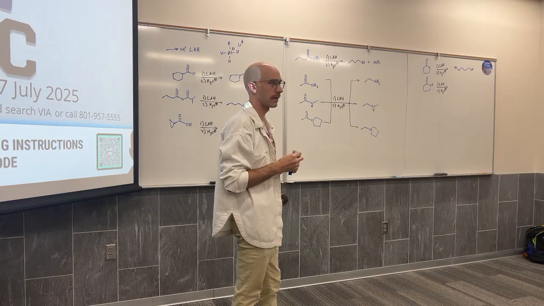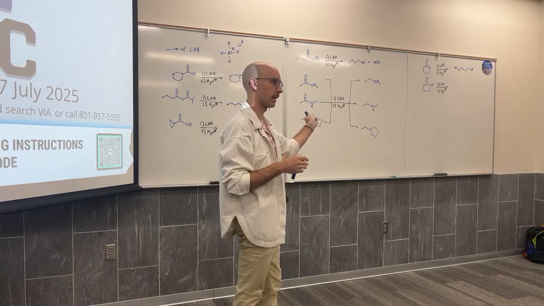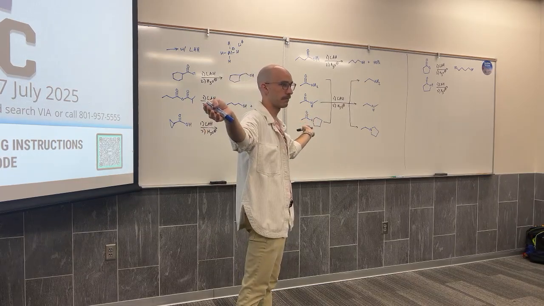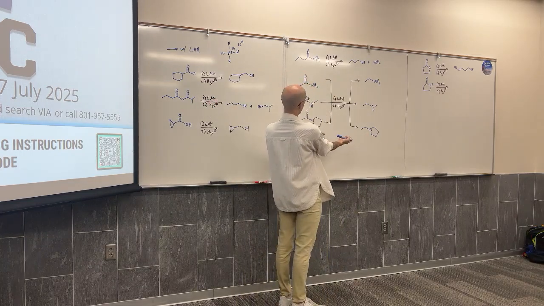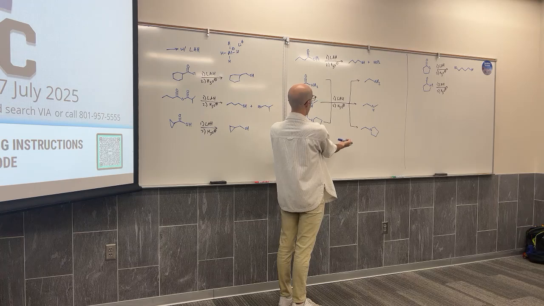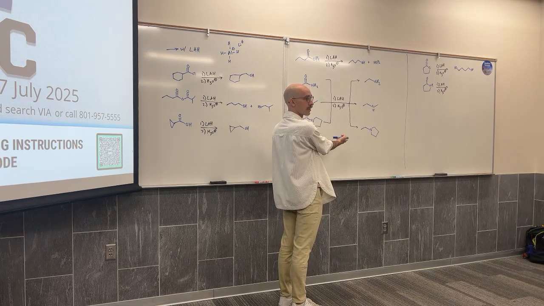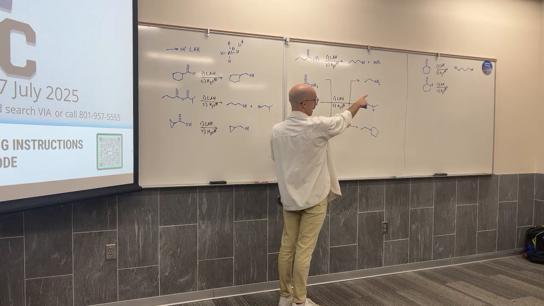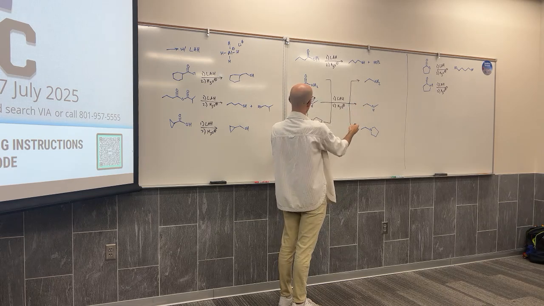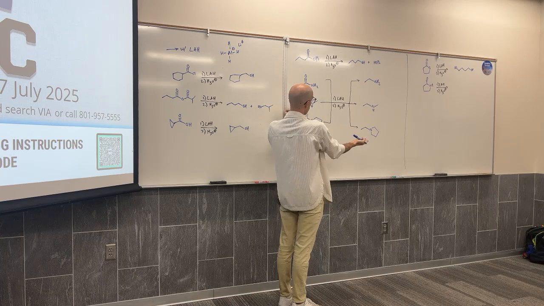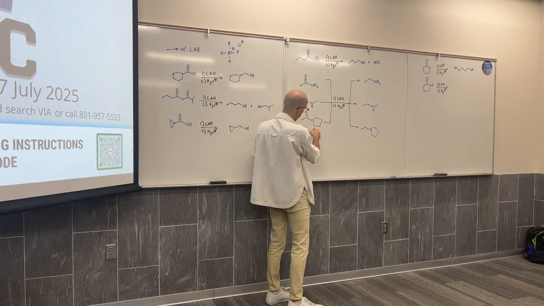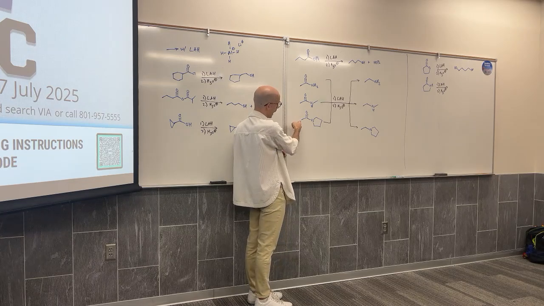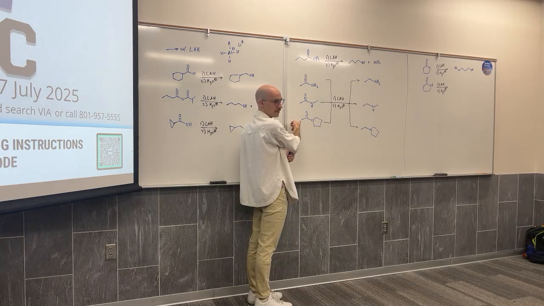What happens with the amide? It gets split open into an alcohol and an amine. So why? Why would you think that? What makes you think that based on this? How many alcohols do you see in these reductions? None. Nothing. And the only difference between that lactam, the cyclic amide, and these linear amides is that the carbon group that nitrogen is attached to comes back around and attaches to one of these carbons.